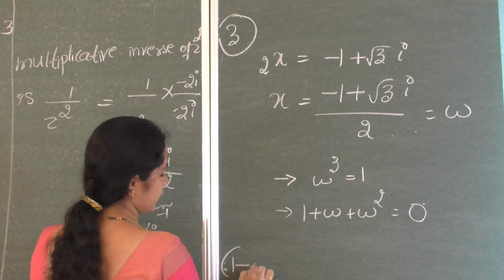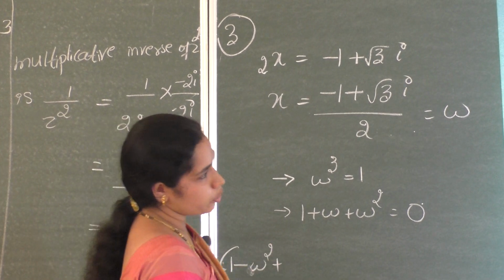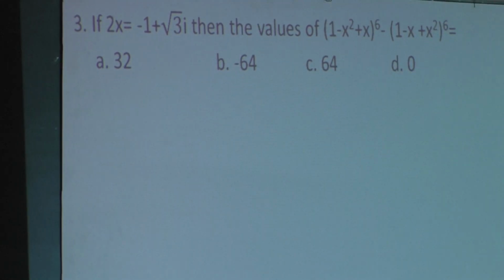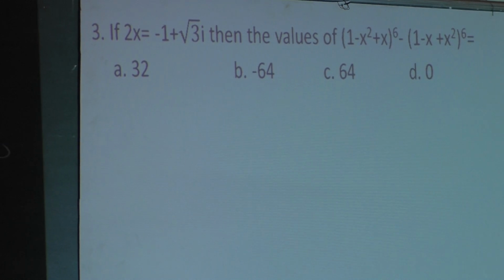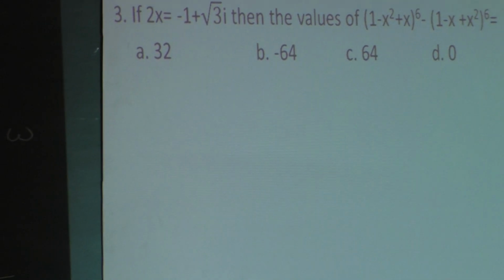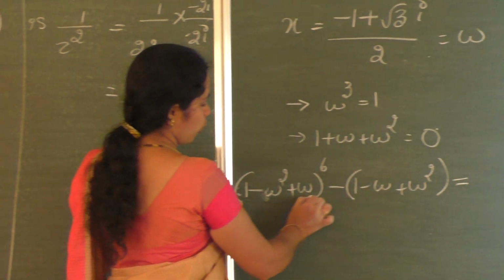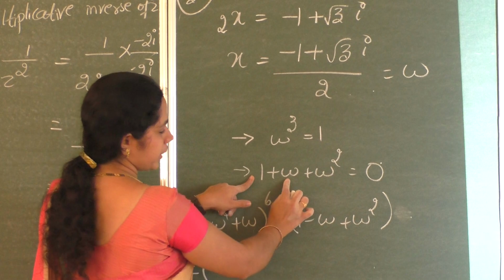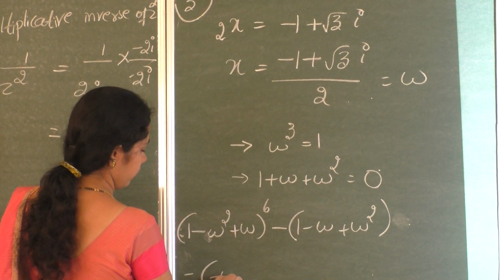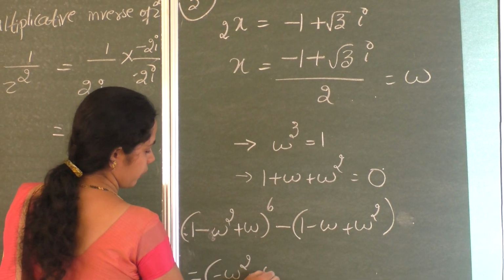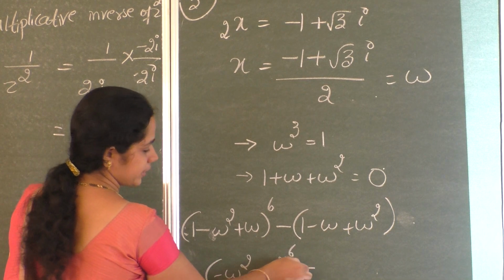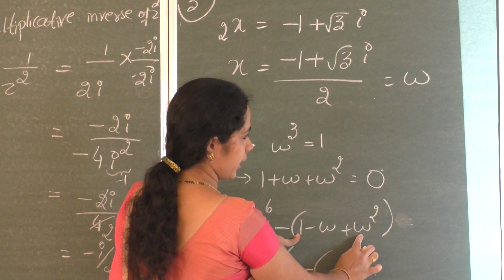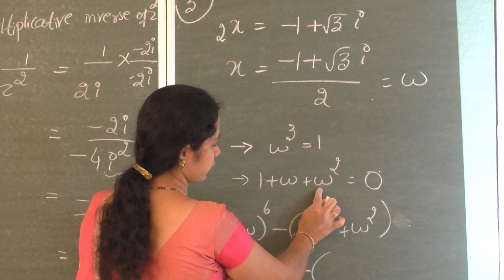So (1 minus omega square plus omega) to the power 6 minus (1 minus omega plus omega square) to the power 6, this is equal to. Now what is 1 plus omega? 1 plus omega is minus omega square. So minus omega square to the power 6 minus, what is 1 plus omega square?